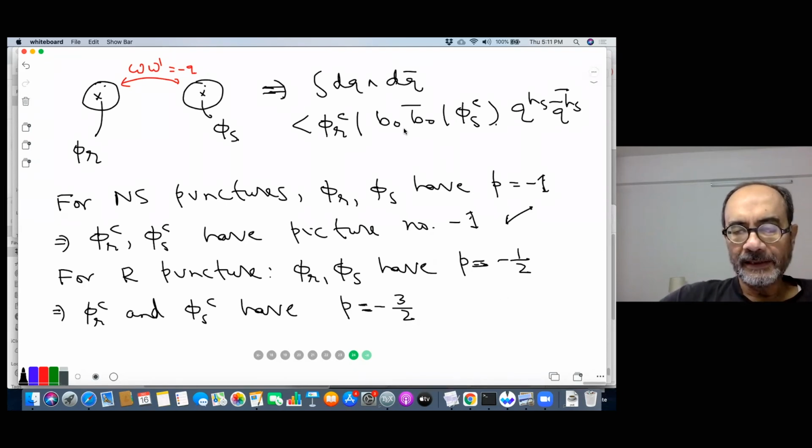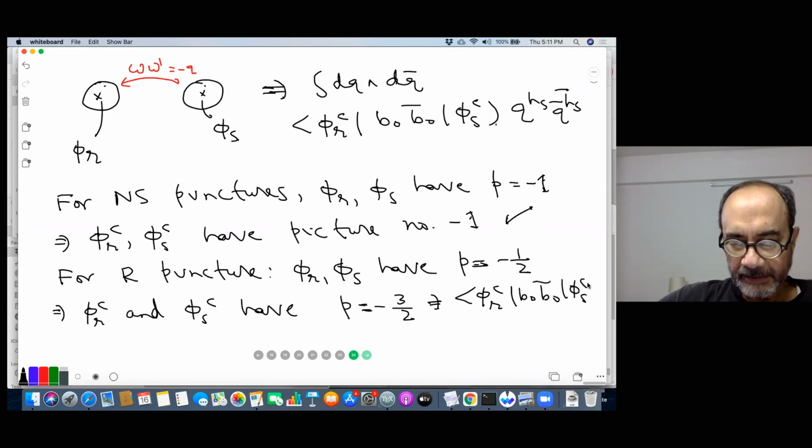So we don't get picture number conservation. If this is -3/2 and this is -3/2, the total is -3. This means that the matrix element phi r c b0 b0 bar phi s c will vanish.